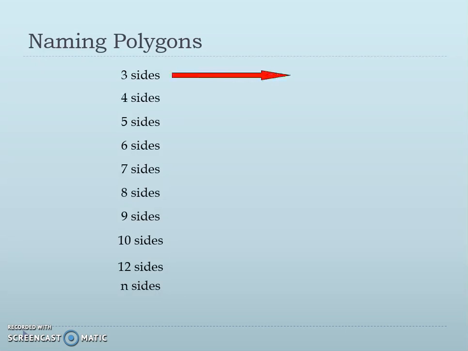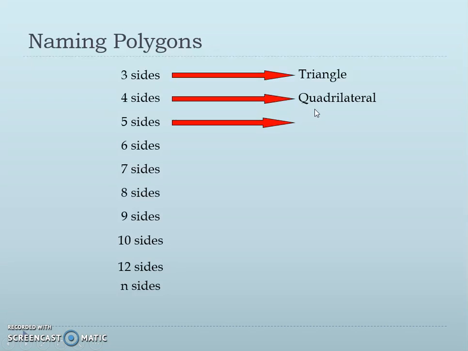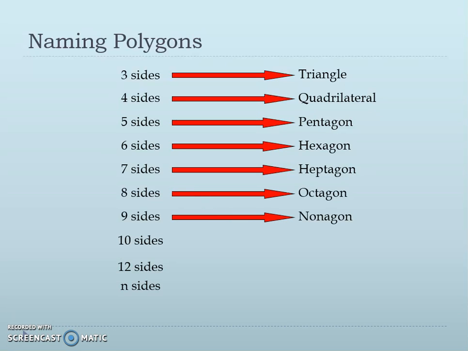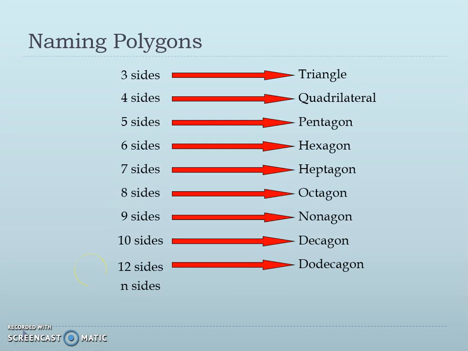So naming polygons, we need to know that 3 is triangle, 4 is quadrilateral. The word tri is 3, quad is 4. A 5-sided polygon is a pentagon. 6 is hexagon. 7 is heptagon. 8 is octagon. 9 is nonagon. 10 is decagon, like decade, like 10. 12 is dodecagon.